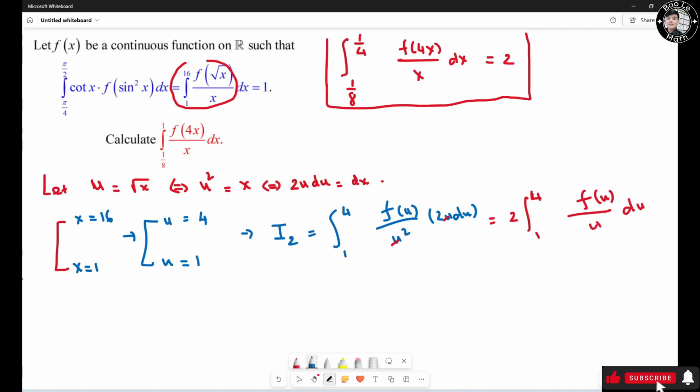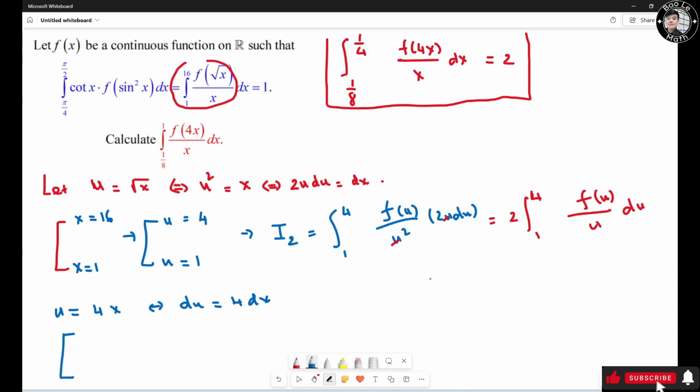Again, I need to use u substitution one more time. So I'm going to let u equals 4s. Then I take the derivative of both sides, so I have du equals 4ds. And I need to change the upper and lower limits.